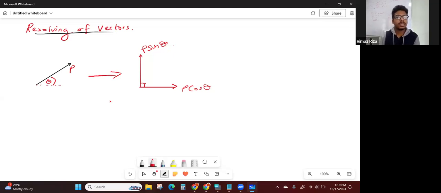These small vectors are known as components. So these are the perpendicular components of this vector. It is known as perpendicular components or rectangular components. And then you can put an example and write this down.